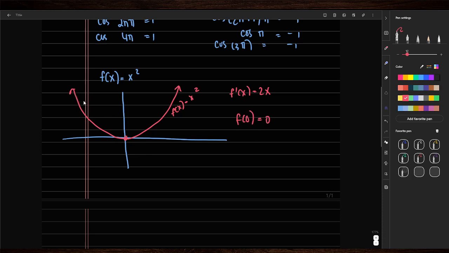And since this is parabolic and opens upward, it continuously becomes greater as we put greater values of your domain. So it means that your minimum value is 0, but we don't have a maximum value because it continuously becomes greater as we go to greater values of your domain.